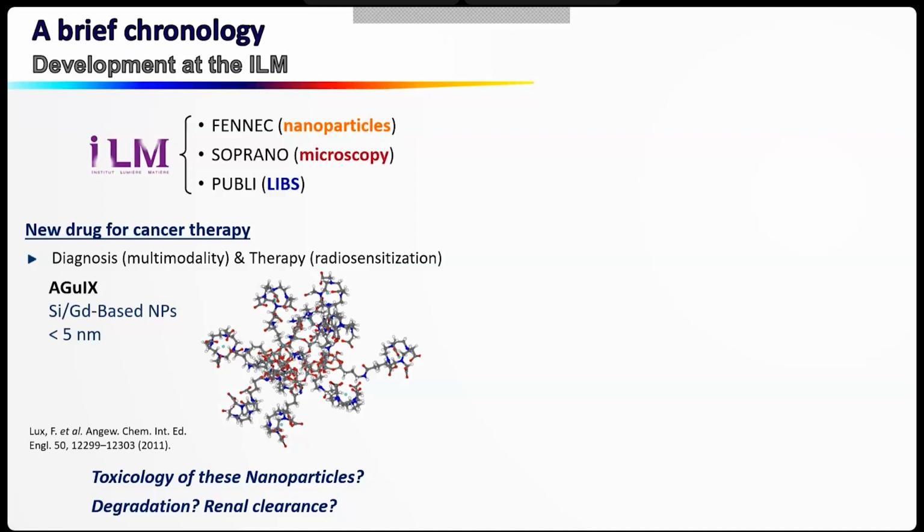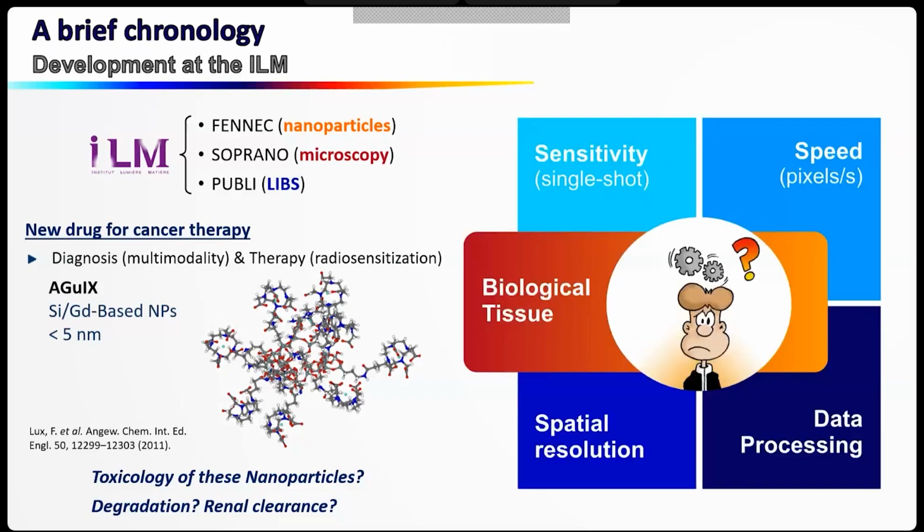And Olivier Tillement, the manager of the FENEC team, asked us if we could image the distribution of these nanoparticles in tissues to study the toxicity of these particles and, for example, the renal clearance. Are the particles well eliminated by the organism? Some type of questions. And then we said, okay, let's try.